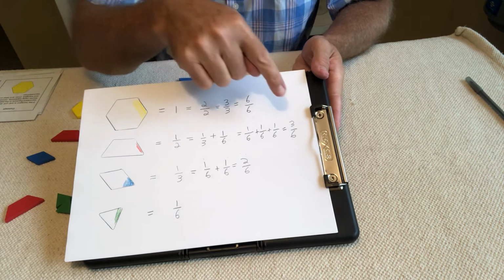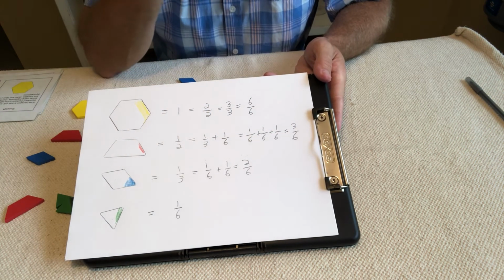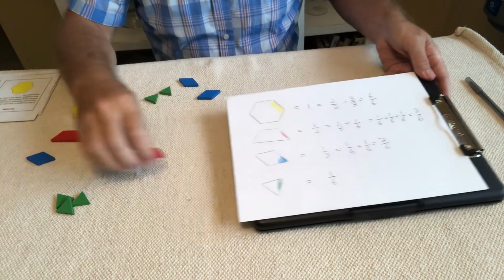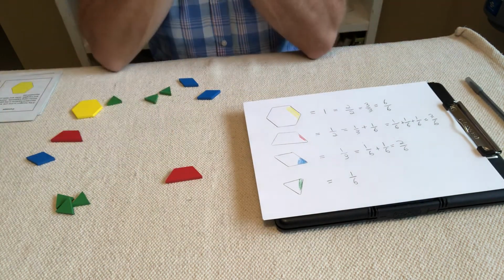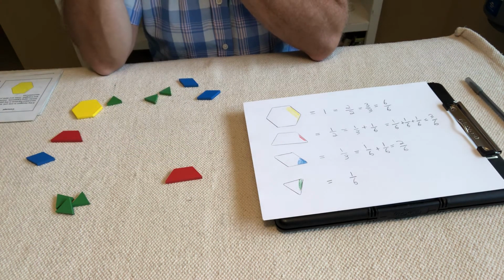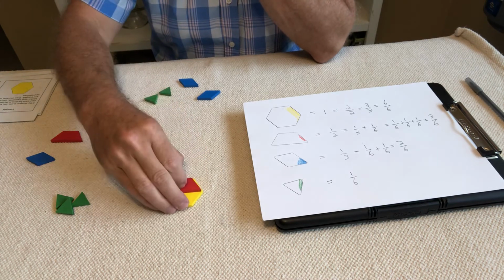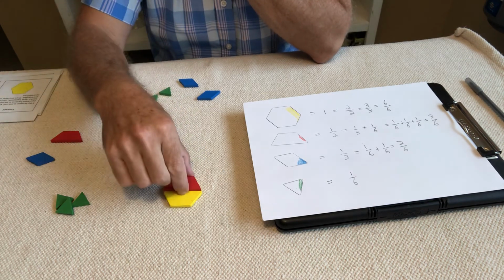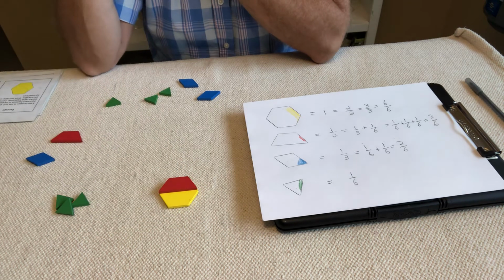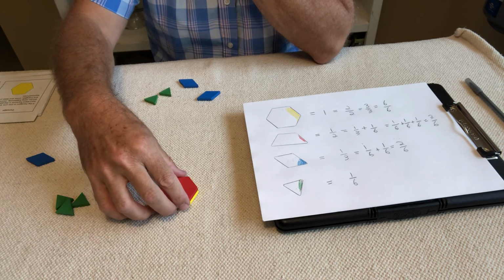So it looks like, if I'm just looking at this one, for example, I just picked it. So if I look at this 1/2, and it takes one of these to make a half of this hexagon, right? It takes one of them to make 1/2. Then it takes two of them to make 2 halves.